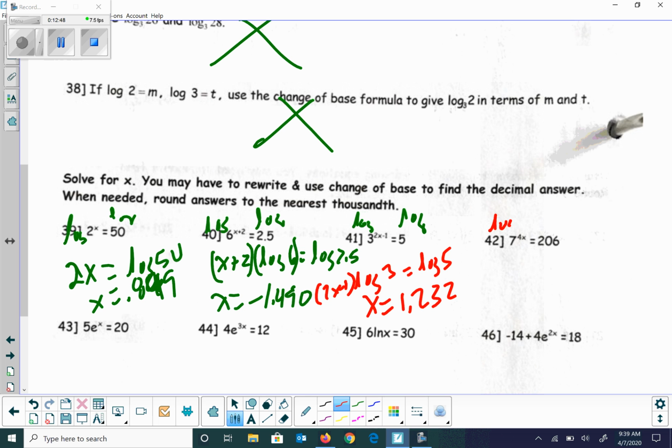This one I'll do log of both sides as well. Log 206. Okay, so I'm going to go log 206 divided by log 7, divided by 4 to get the x by itself.